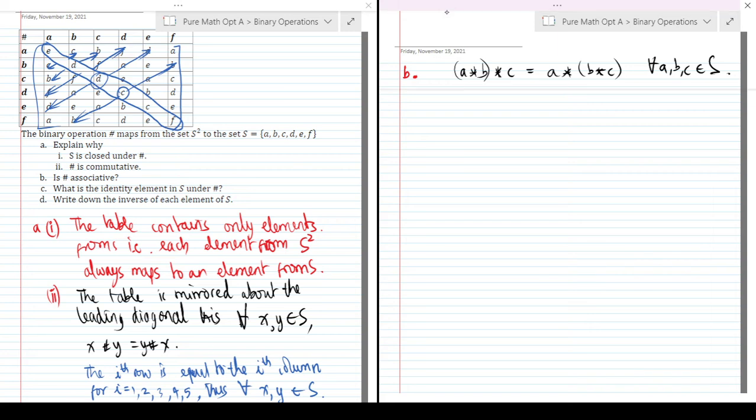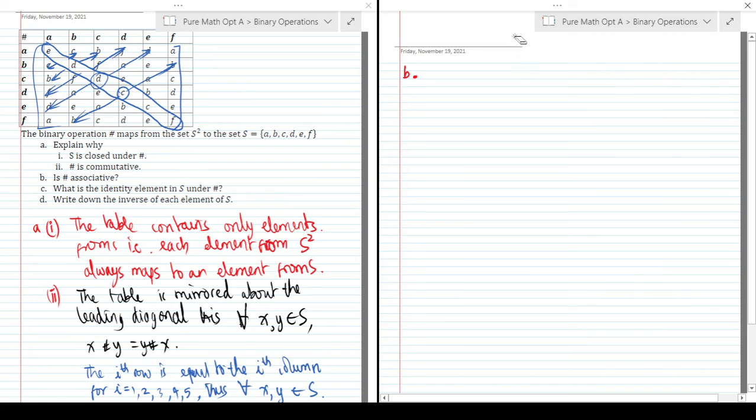Now, in a multiplication table, right? Now, I'm not telling you this has to happen all the time, but usually in a multiplication table, if they ask you about associativity, it is not going to be associative more than likely.